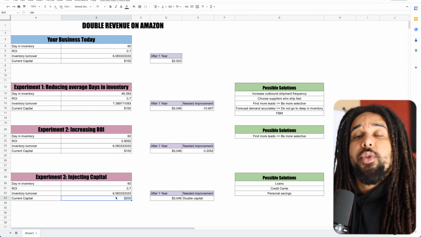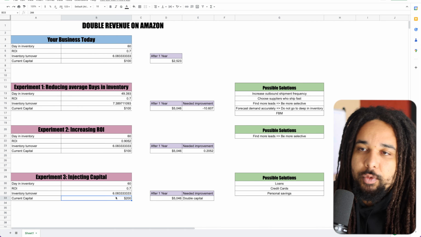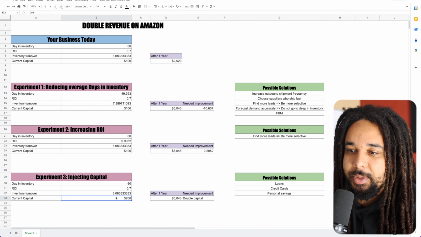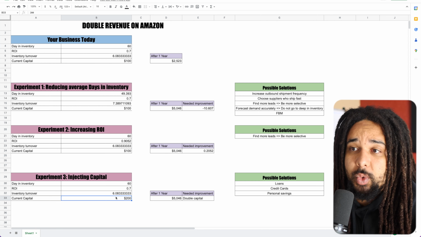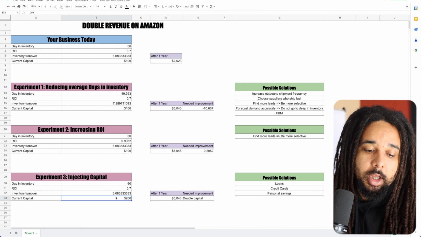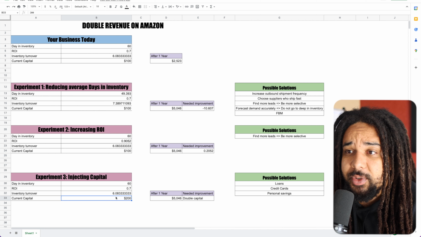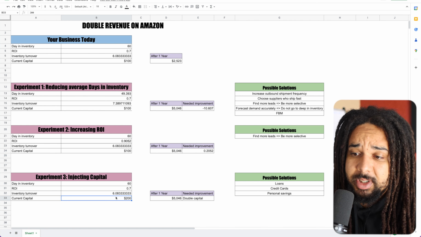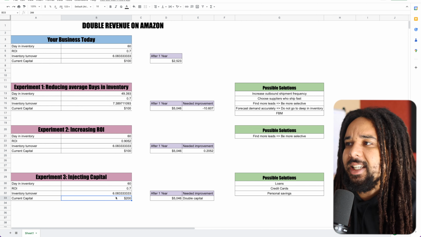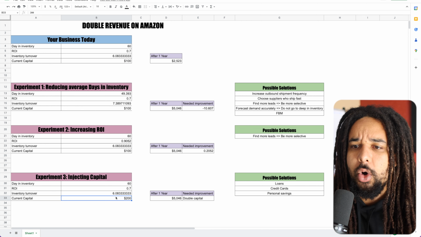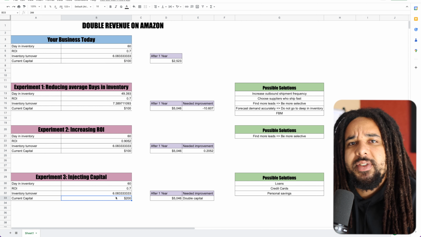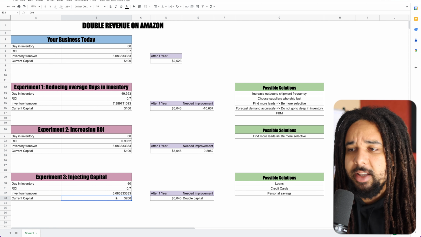It's easy if you start, of course, because if inside your whole business you have $1,000 of capital, it's pretty easy to double, right? Now, if you have $50,000 of capital, if you have $100,000 of capital, it's not that easy to double. So all those different levers you can play with will not be the same for each of you guys.